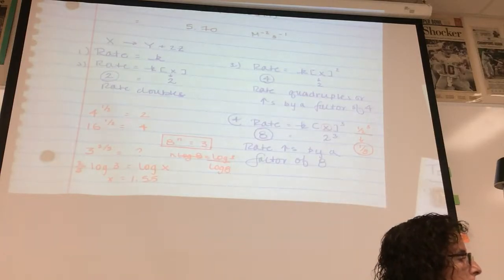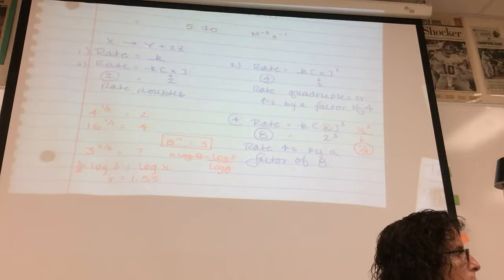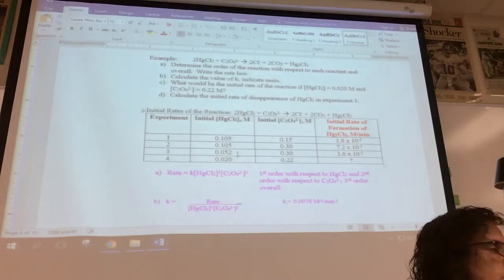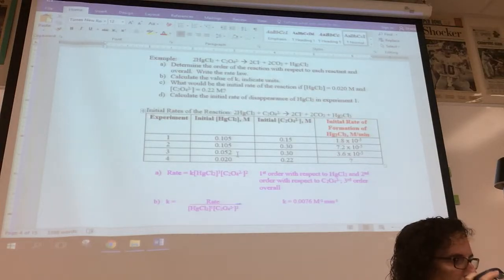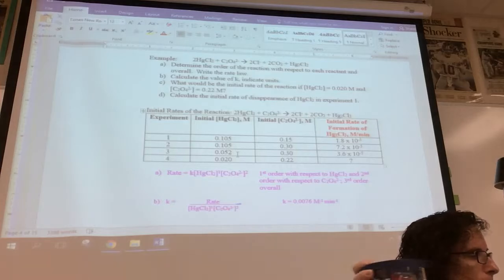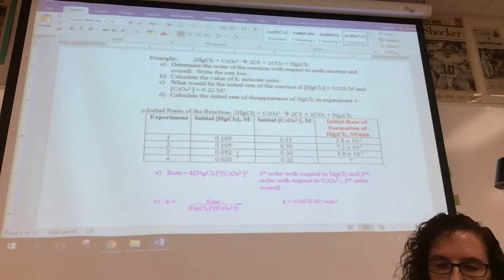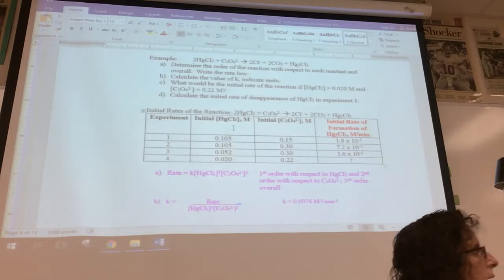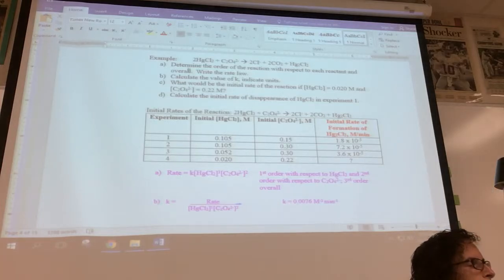All right, so we have another big problem here, and the answer is given, but I want to see if we can work through this. So they give you an equation.